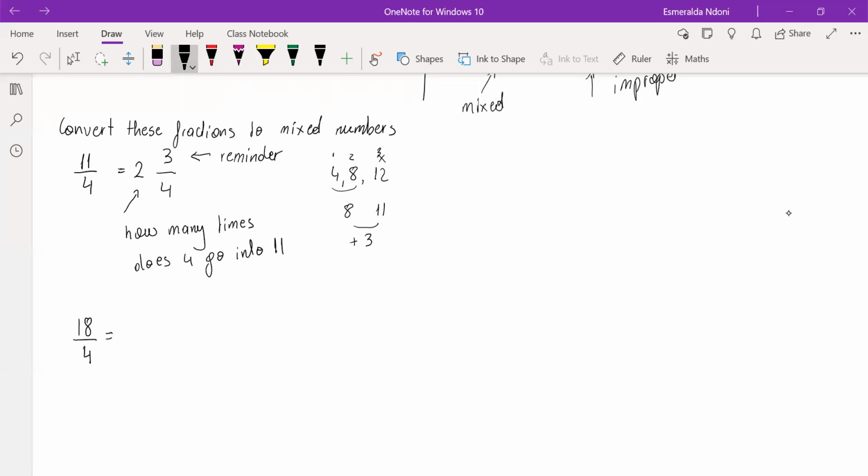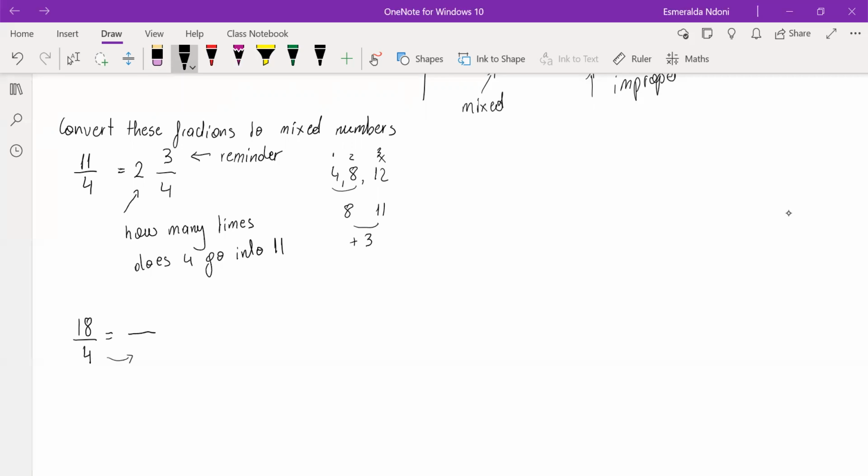Hopefully you said, madam, make your life simple, simplify first. Always, always, always, I look into simplifying fractions because that will make my life a lot easier. And this is what I mean. What can I divide both these two numbers by? The highest common factor in there is 2, because 4 doesn't go into 18 fully.